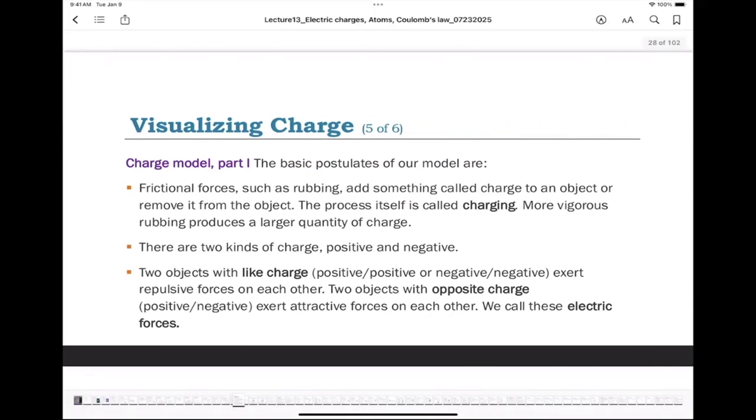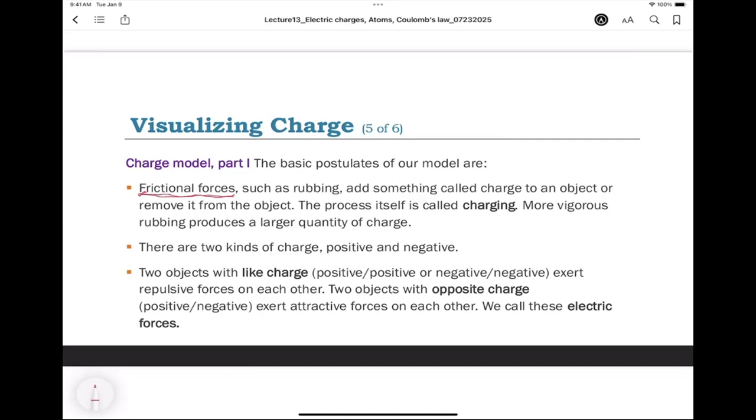The basic postulations of our model: first, frictional forces, such as rubbing, add something called a charge to an object or remove it from the object.